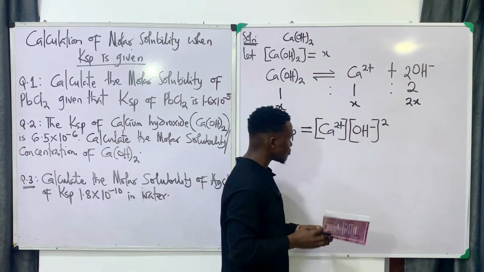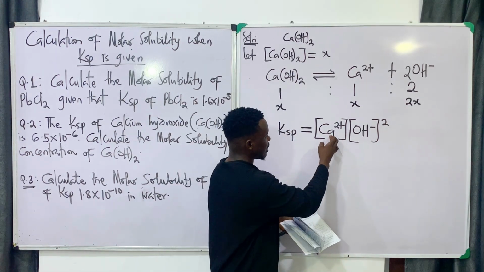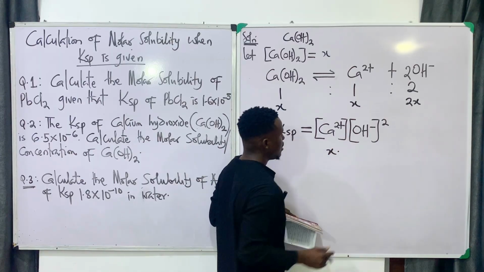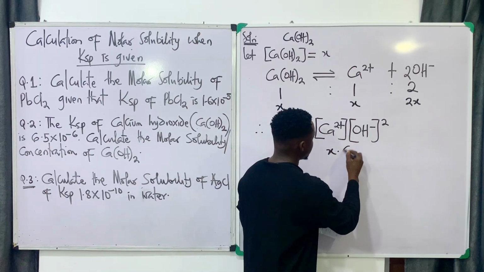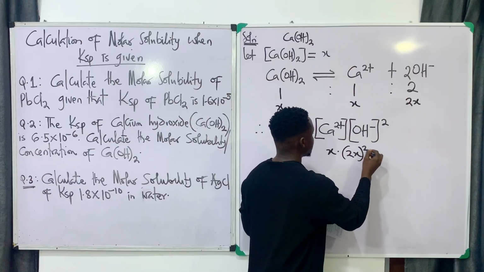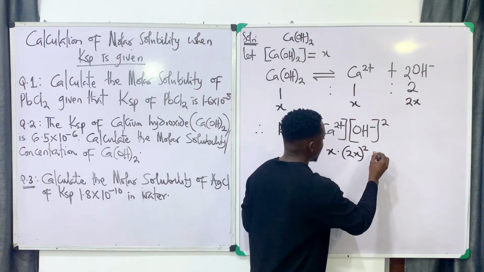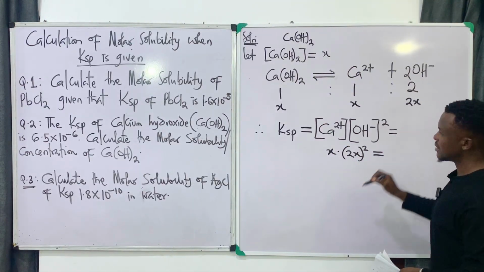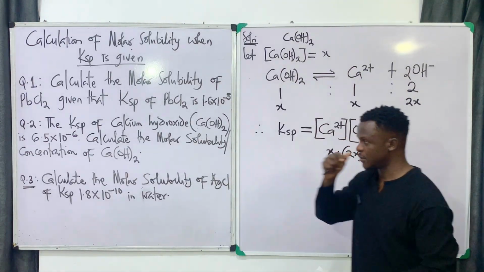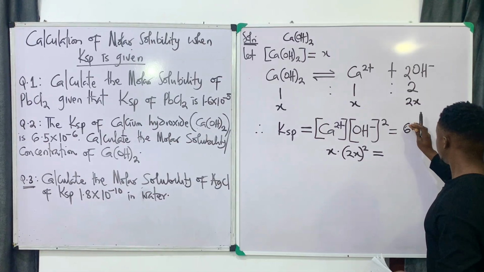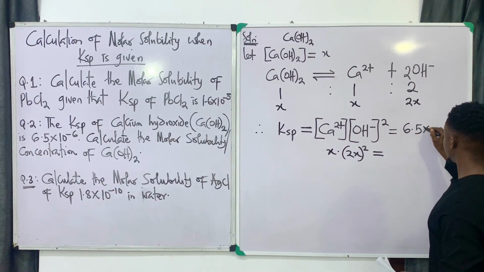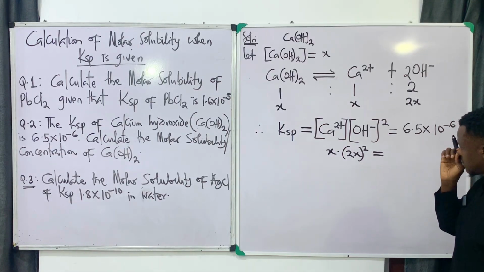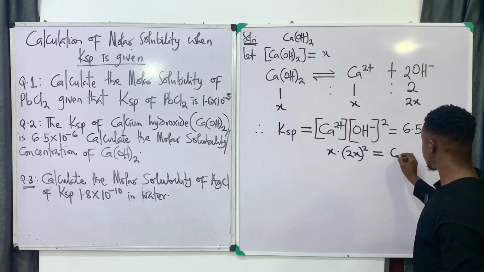So anywhere we see Ca2+, we put x. So this is x. Anywhere we see OH, we put (2x) squared. Now this is equal to, do not forget that you're going to equate this to the Ksp value that they gave to us. All right, so this is 6.5 times 10 raised to the power of minus 6.